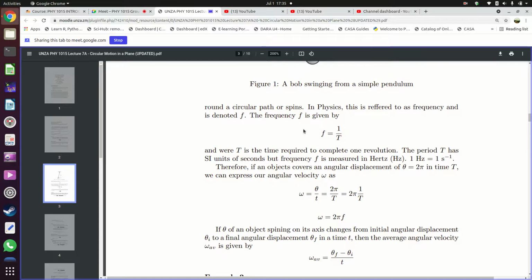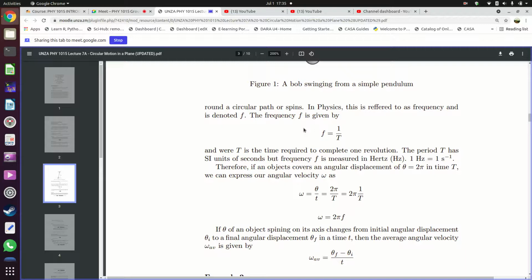Now, there is another relationship which you come across in physics, and this relationship relates the period, which is the time it takes an object to move in a circle, to something called the frequency. The frequency is basically a measure of how fast you are moving in a circle per second.